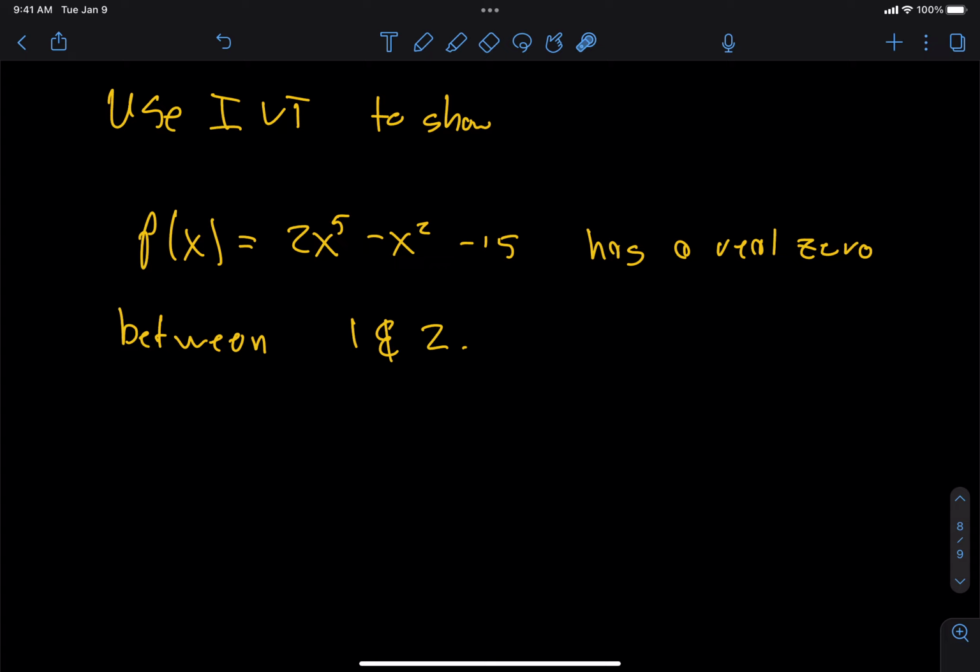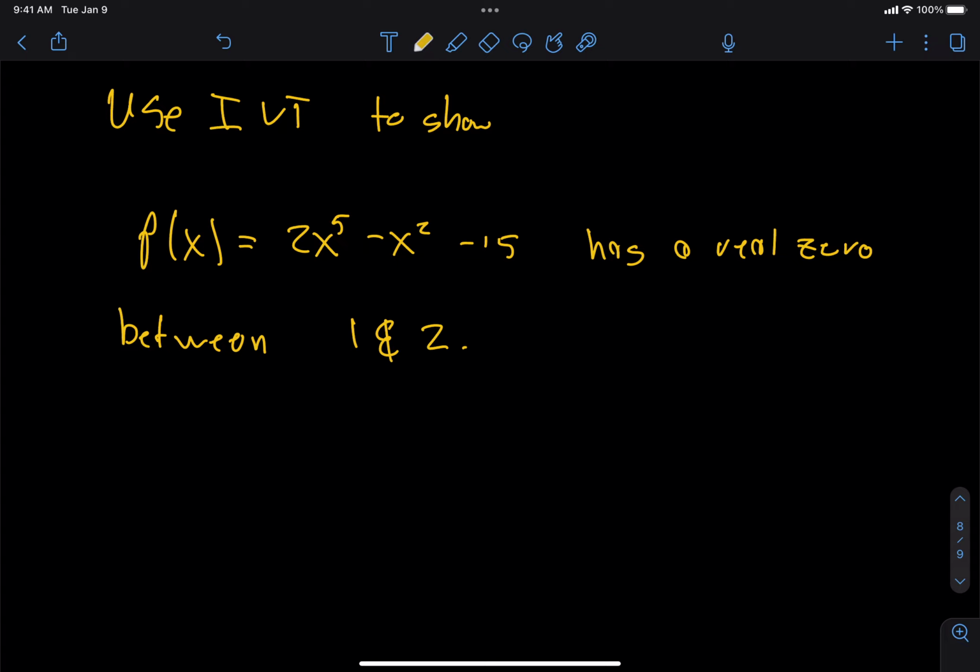I need to say one of those, because if a polynomial function's value is initially negative and later positive, I must have gone through the x-axis. Agree? Okay.